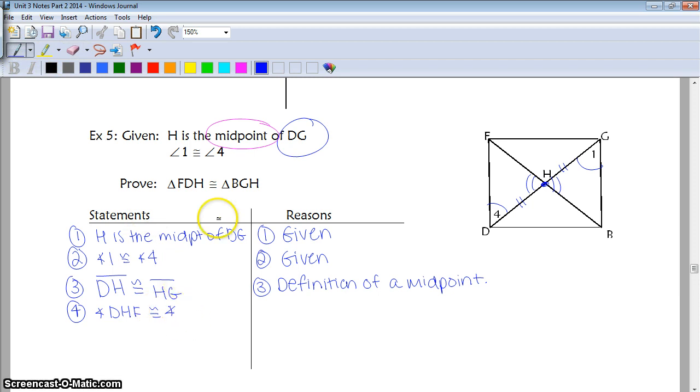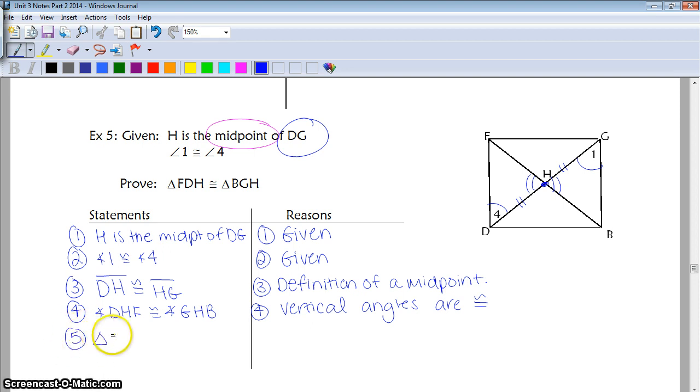Match up the letters. Your reason: vertical angles are congruent.